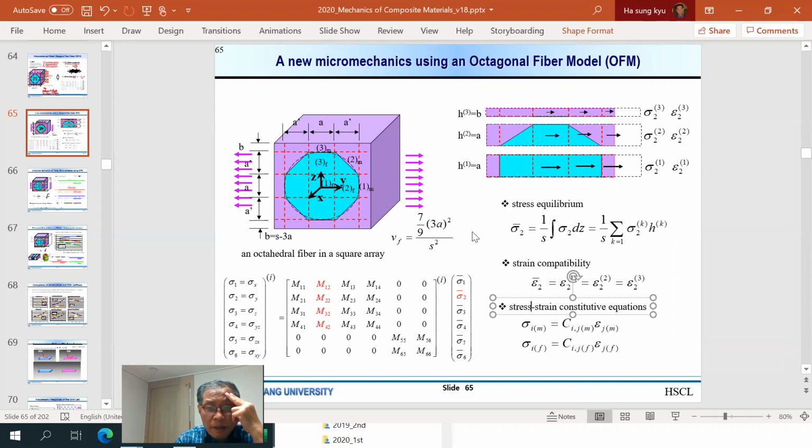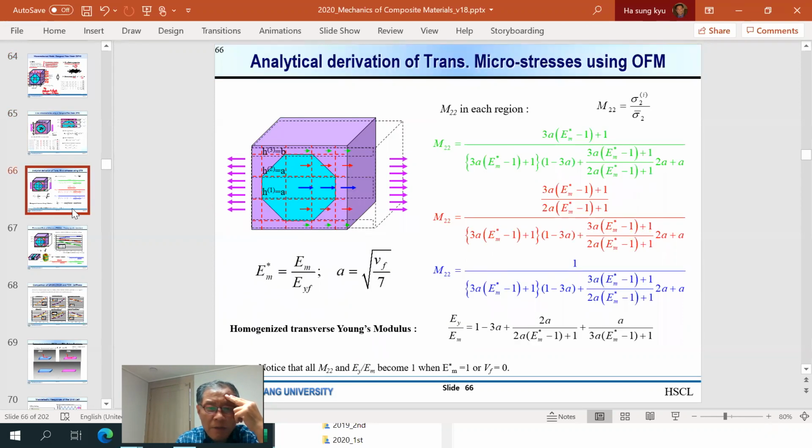The derivation is relatively lengthy, but once we have these relations, everything is in analytical form, analytically derived in terms of all these symbols or material properties and the fiber volume fraction we specified.